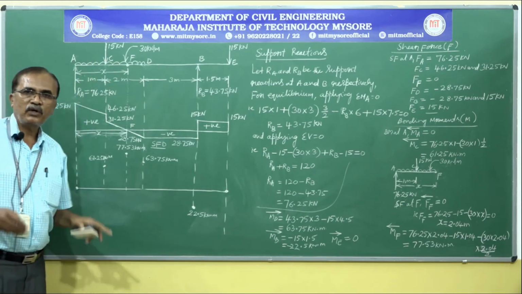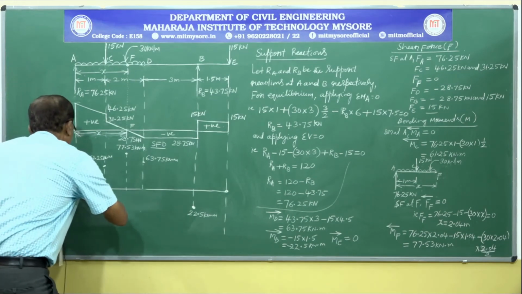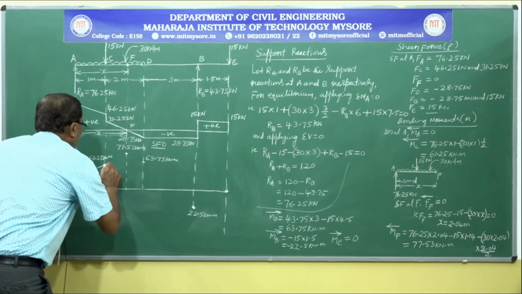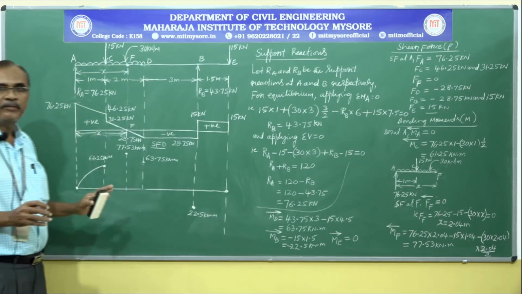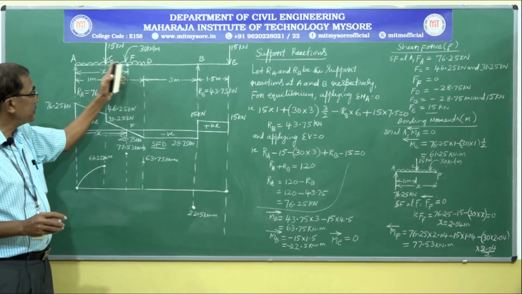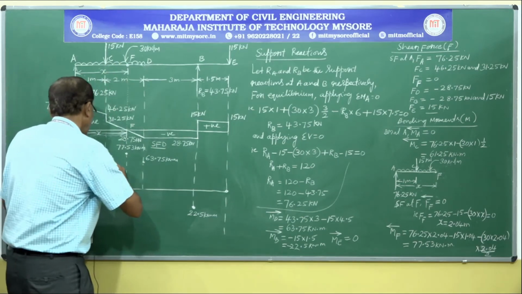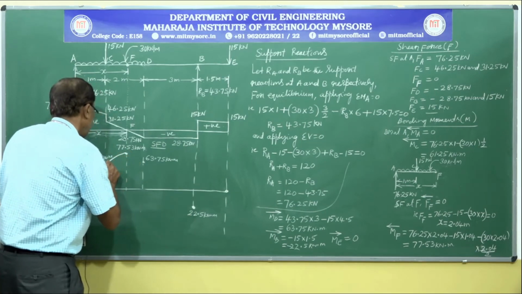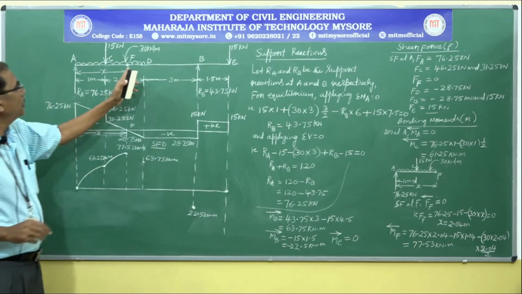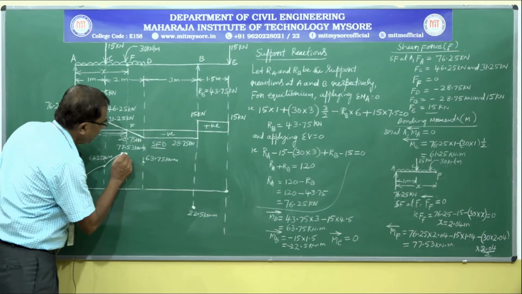For uniformly distributed load, the variation of bending moment diagram is a parabola. And at point C there is a point load, there is no change in the bending moment diagram. Between C and F again there is a uniformly distributed load, the diagram is a parabola. Between F and D also there is UDL, diagram is a parabola.